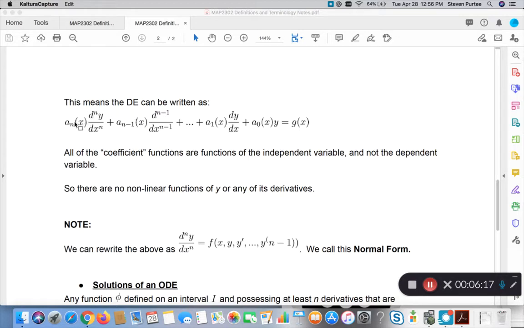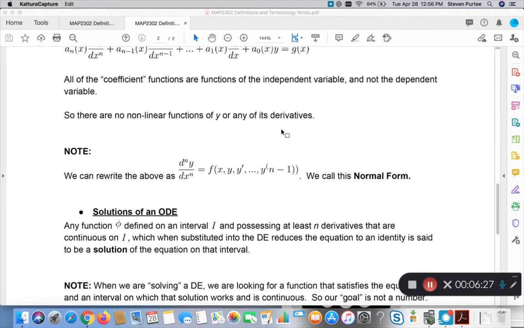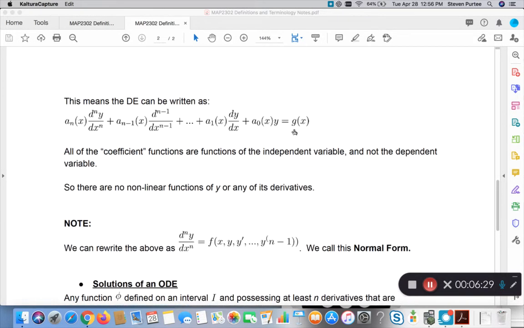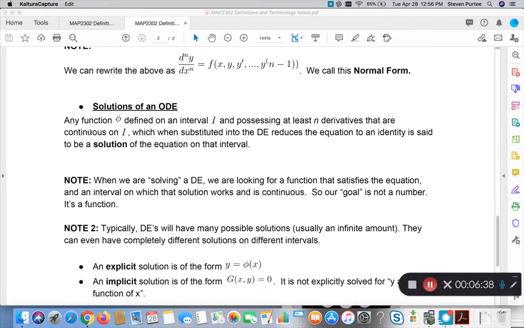So whatever is going on in front of each one of the derivatives only depends on x. We call these our coefficient functions, and they only depend on the independent variable. And we call it normal form if we take this equation and solve for this highest derivative, get everything to the other side, and divide through by this coefficient function.